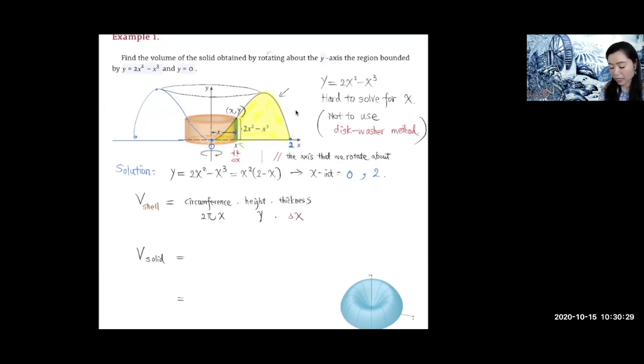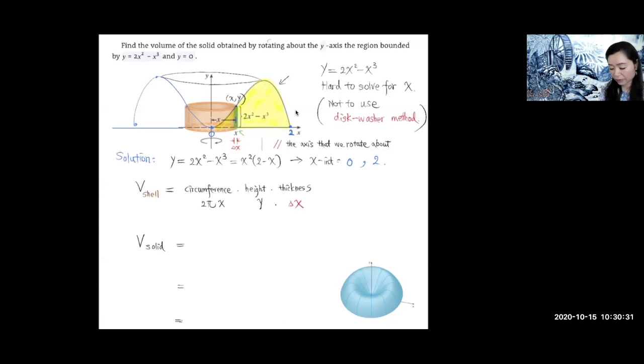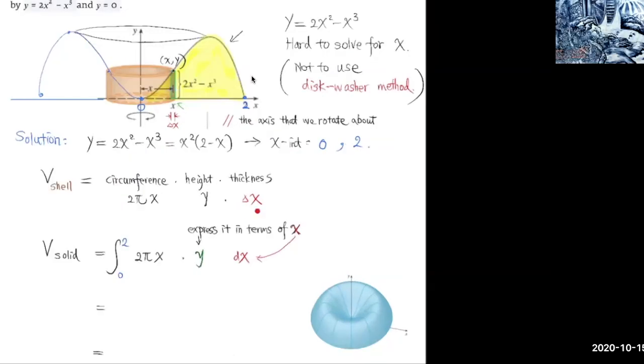Now the volume for this solid will be the integral. When you add up those shells, you get this integral. So you're integrating this dx, where x goes from 0 to 2.